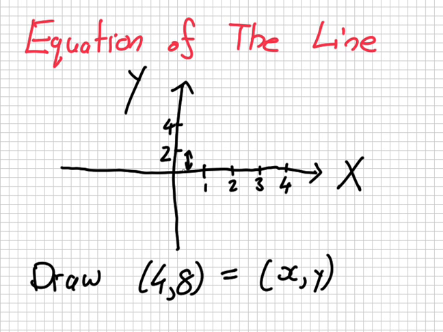Now, if you're never sure, the safest thing to do will be to keep them the same on both. So let's see, I want to go to 8. I'll go 2, 4, 6, 8. I'll go up in 2s. Okay, so my point 4, 8 means I go out 4 and I go up 8.